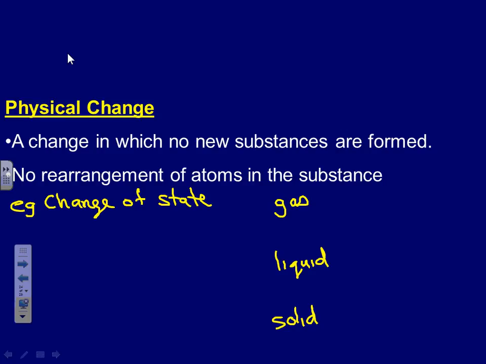All right. The only difference between the states is how much energy each of the little particles have. In a solid, there's not a lot of energy in the particles. If I have a cube of ice, all of the water molecules are sitting nicely in a row, kind of like the way you're sitting right now.